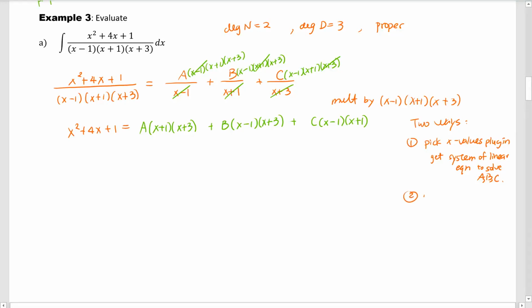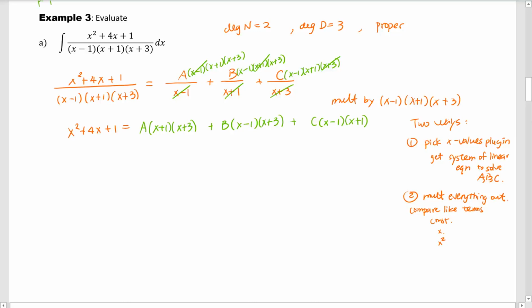The second way is we multiply everything out, and then we compare the like terms. So you compare the constants, the linear terms, and the x squared terms. The coefficients of them must agree.